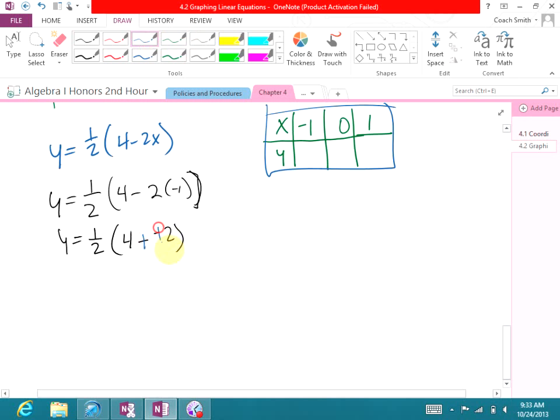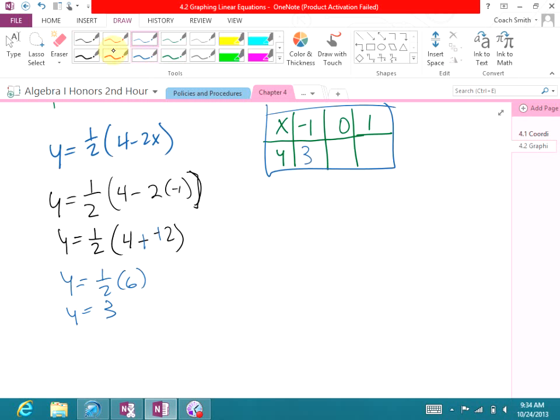So that's plus. So that's y equal 1/2 times 6. Y is equal to what? 3. 1/2 times or half of 6. 1/2 times 6 means half of 6. Half of 6 is 3. All right, so that's the first one.